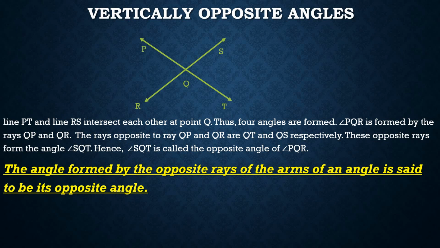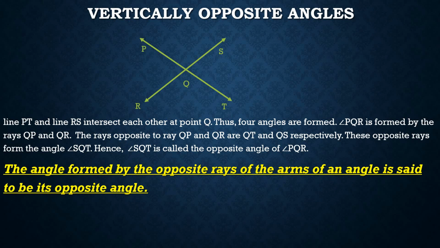The rays opposite to the rays QP and QR are QT and QS respectively. These opposite rays form the angle SQT. Hence, angle SQT is called the opposite angle of angle PQR. The angle formed by the opposite rays of the arms of an angle is said to be its opposite angle.